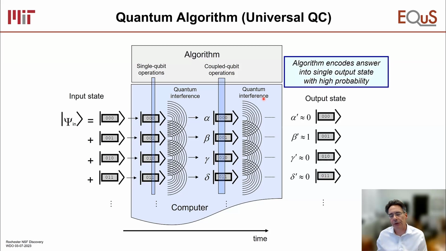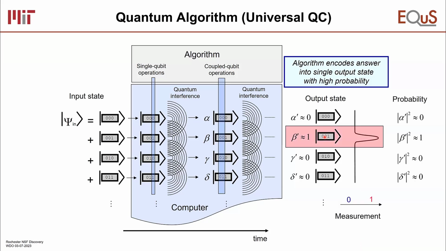And the goal of an algorithm designer is, by the end of the algorithm, to have put all of the weighting into a single coefficient residing in front of one of these aspects. And that's because when we make a measurement, there's a massive collapse. And classically, we will only get one result out.